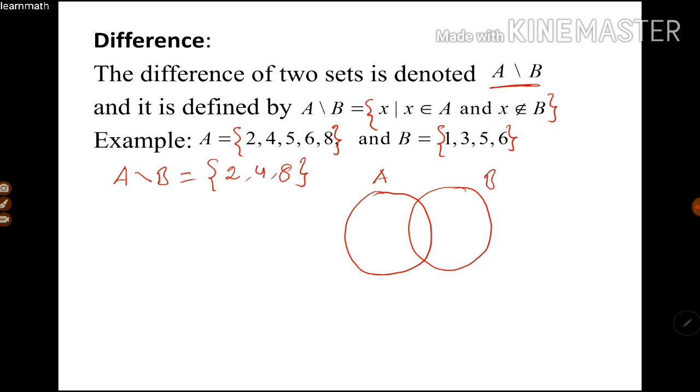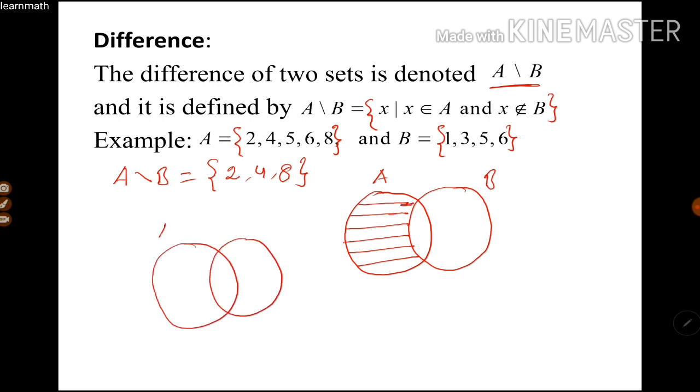Previously I told you this space indicates only elements in A. This is also A minus B. So here 2, 4, 8. This indicates A minus B. Similarly, this indicates B minus A. What is the B minus A here?